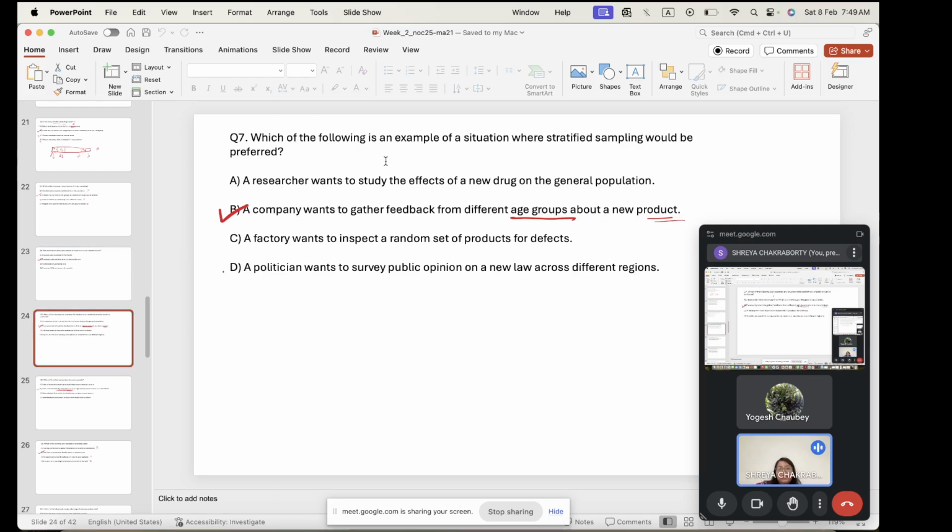Okay, which of the following is an example of a situation where stratified sampling would be preferred? Different age groups, because they will create strata of the ages.